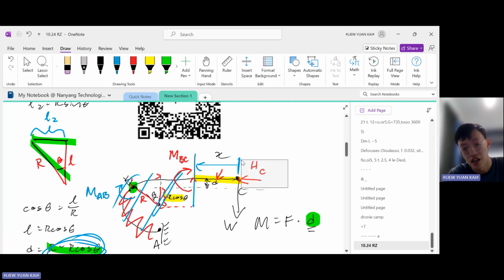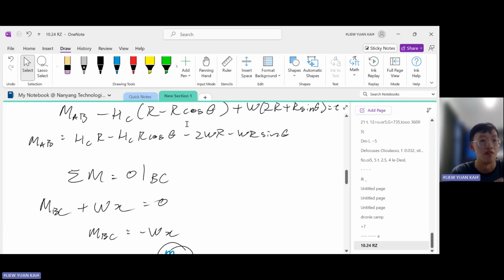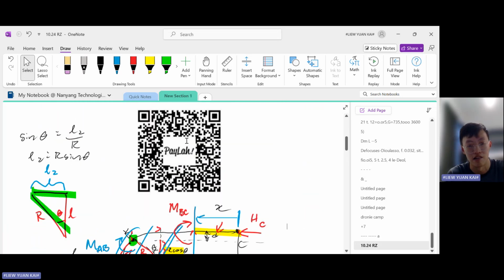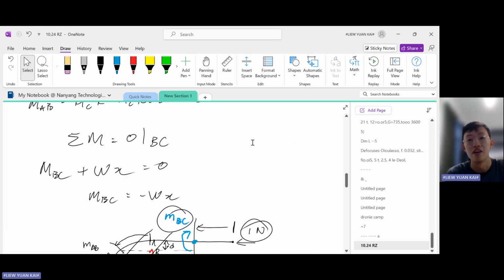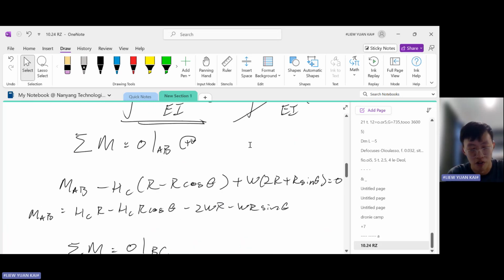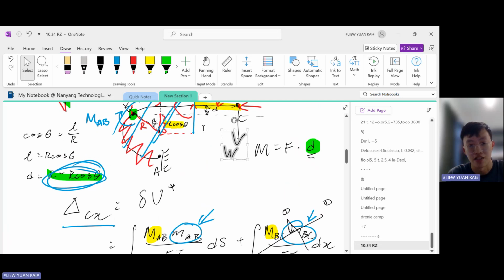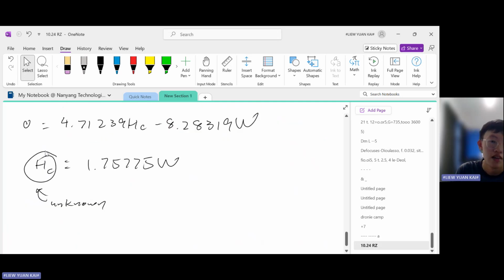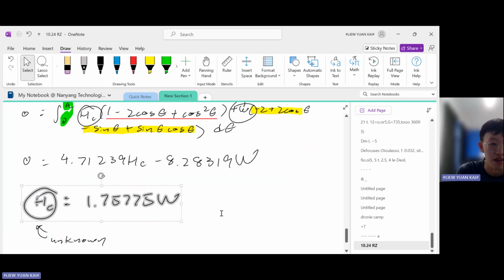The reaction force is unknown, so we need to find it in terms of W. We take W to be known because it's an external load, and we control external loads. Whereas HC, the reaction force, is unknown. So this whole kerfuffle here will help us find HC in terms of W.